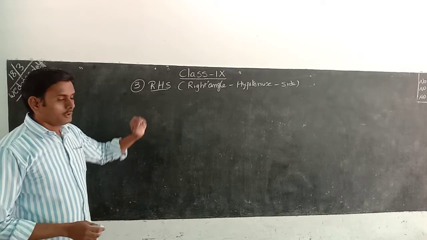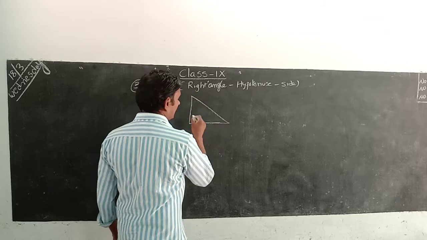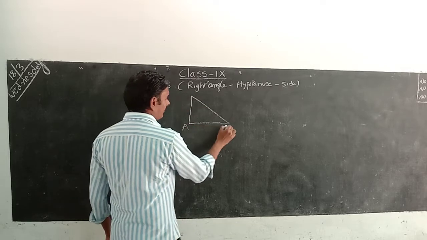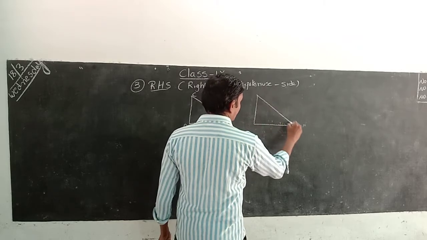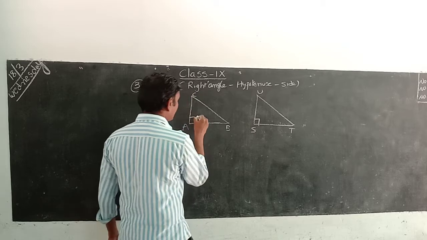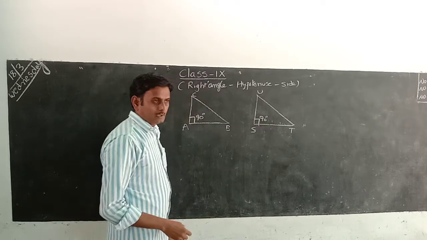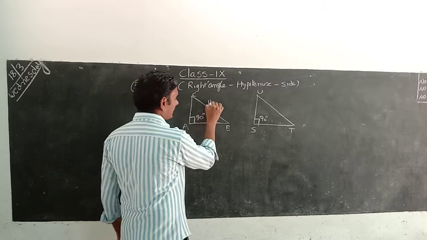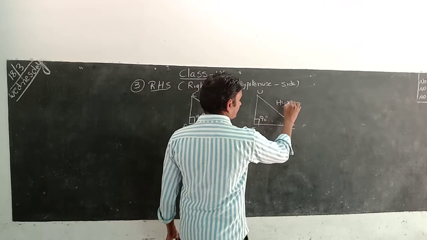That means if you choose any two right angle triangles, I am taking here ABC, a right angle triangle, and another triangle STU, another right angle triangle. Here 90 degrees, here 90 degrees. Which is the hypotenuse? This is the hypotenuse, and this is a hypotenuse.